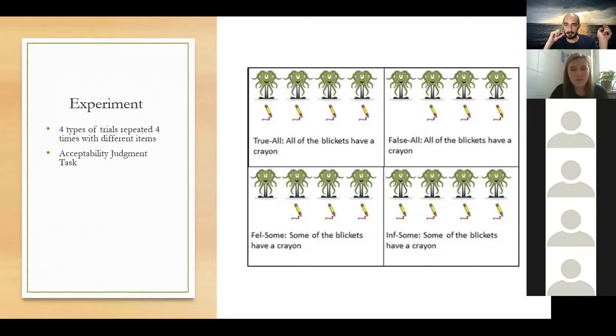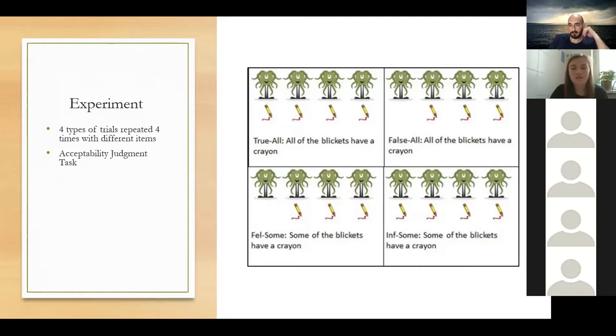For the some trials, we had a felicitous some and an infelicitous some trial. For the felicitous some trial, 3 out of 4 blickets had the item, and the puppet said the sentence, "Some of the blickets have this item." Then for the infelicitous some trial, as you can see on the last slide, 4 out of the 4 blickets had the item, and the puppet again said that some of the blickets have this item.